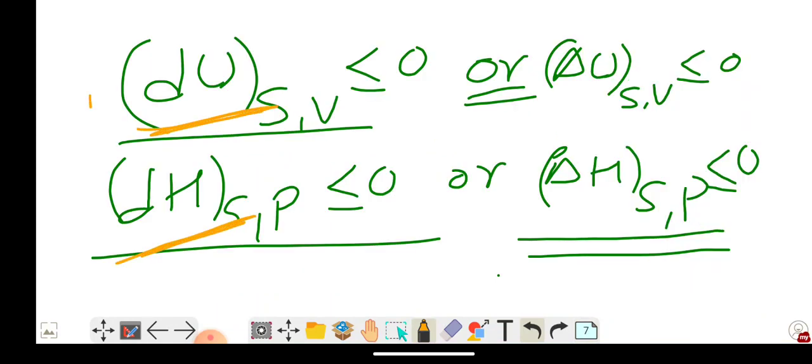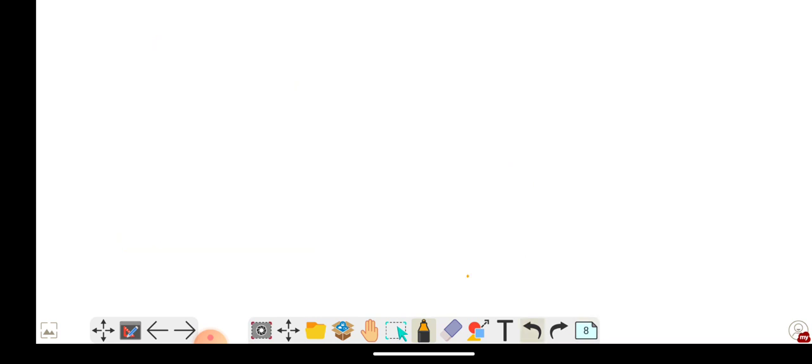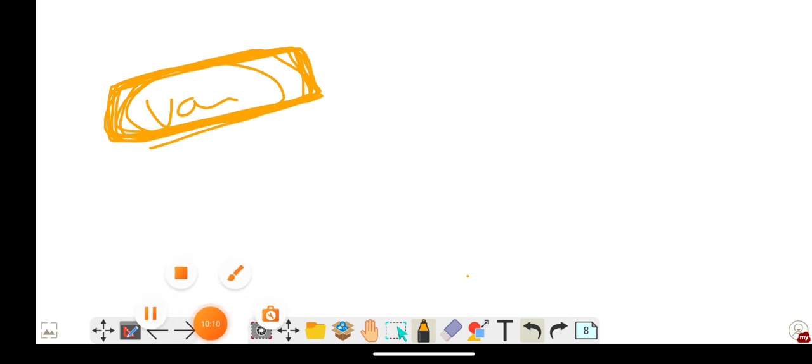So four spontaneity criteria in terms of thermodynamic potentials, and four in terms of thermodynamic variables. So in total 8 spontaneity criteria we have discussed, and this is all about the spontaneity criteria. The questions are asked only from this spontaneity criteria in competitive examinations. Thank you very much.